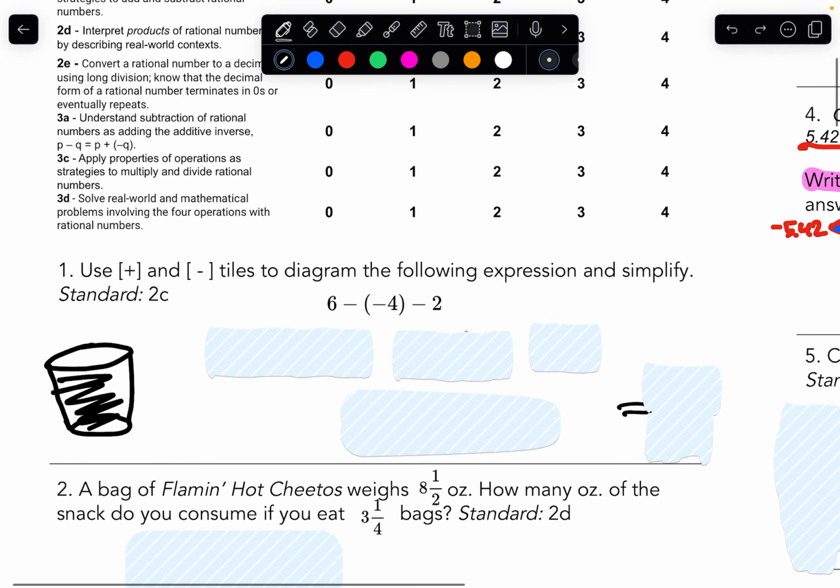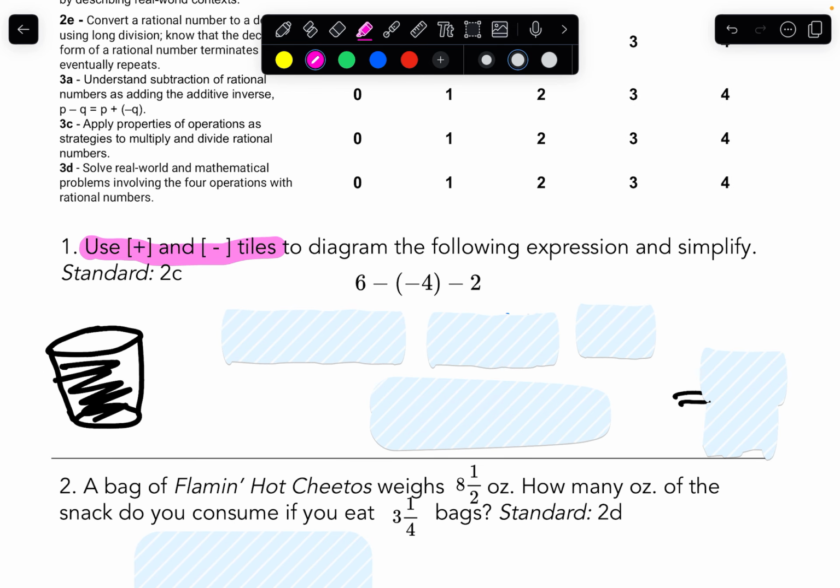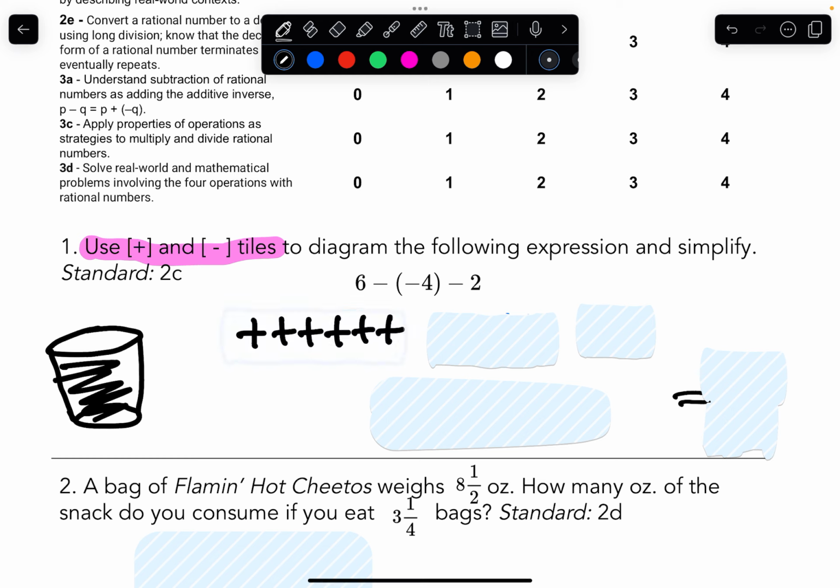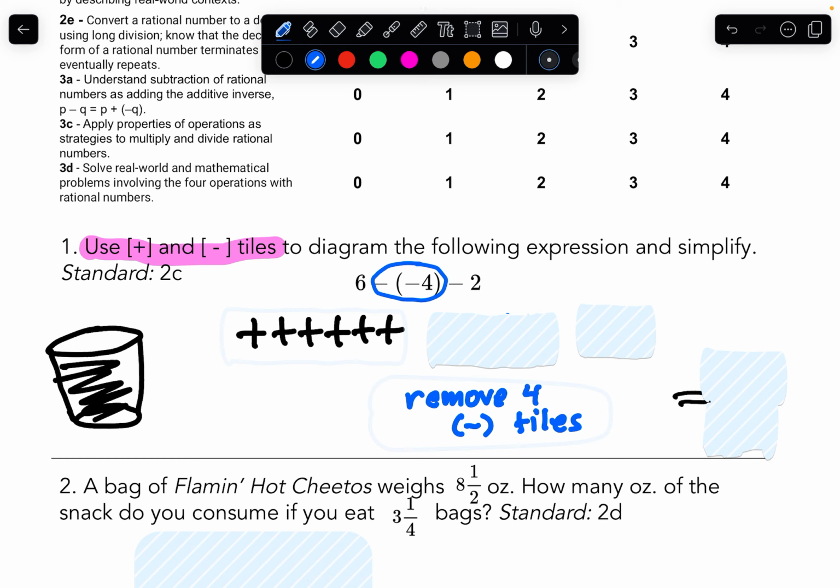All right, for number 1, I needed to see plus and minus tiles. So if it says 6 minus -4 minus 2, I needed to see 6 plus tiles. Then right here, that minus -4, what that means is you have to remove 4 negative tiles.